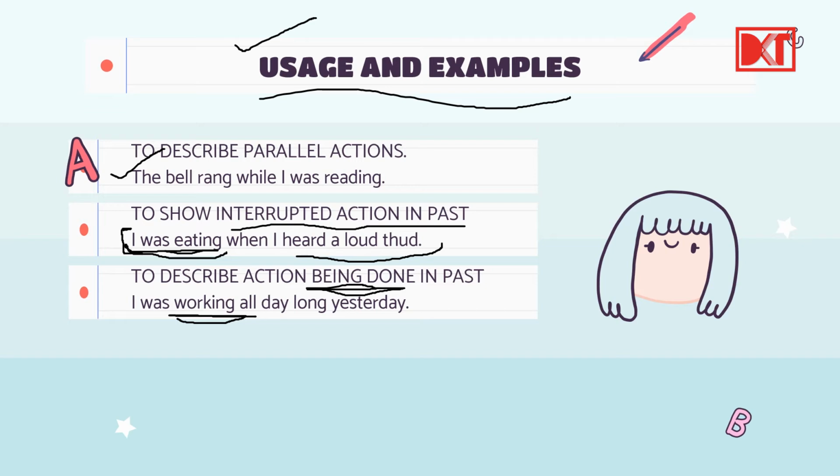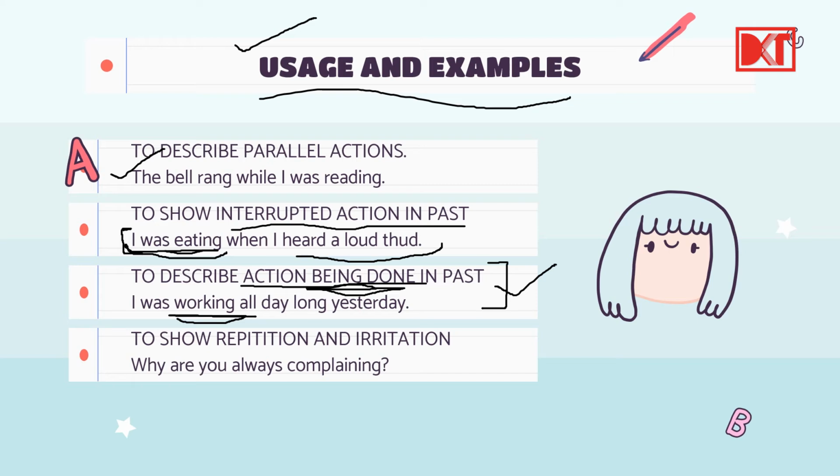Alright. और अगर मुझे ये बोलना होता कि मैंने कल काम किया है, I completed this work, so I will say I worked yesterday. I completed my work yesterday. So that will be simple past. And this is past continuous. Why? Because we are telling about an action being done. All right.